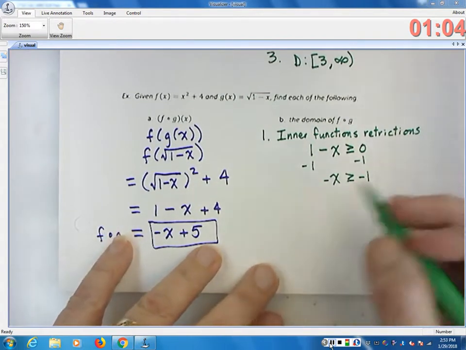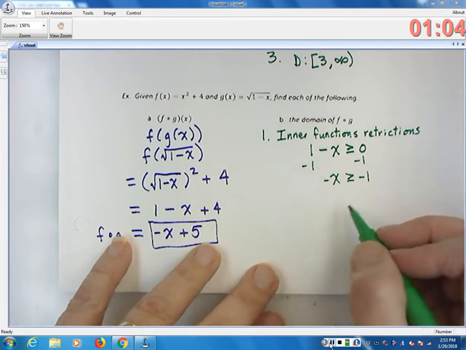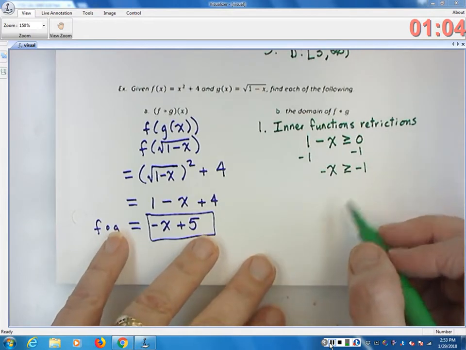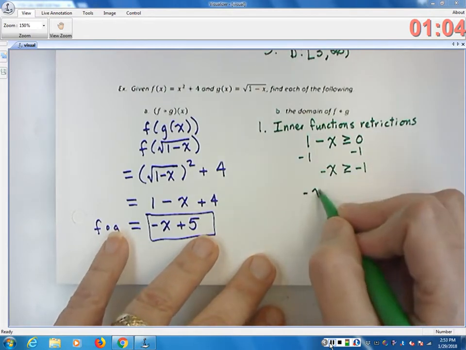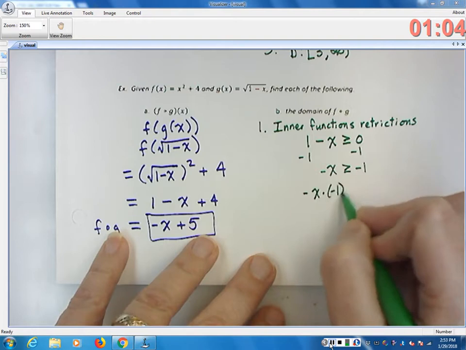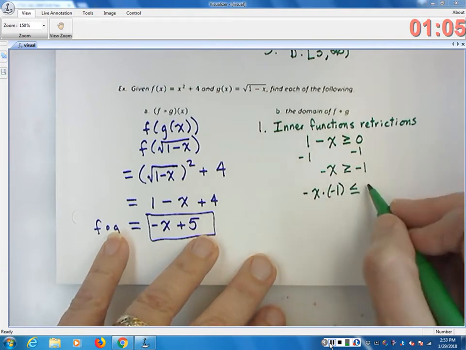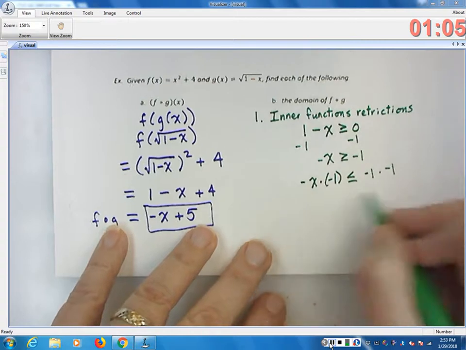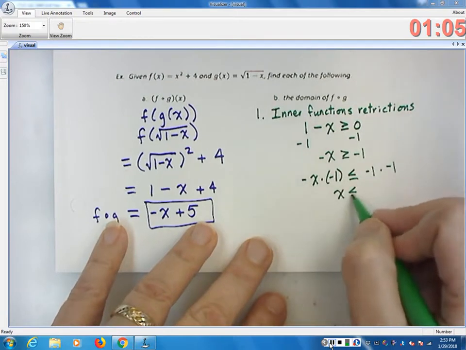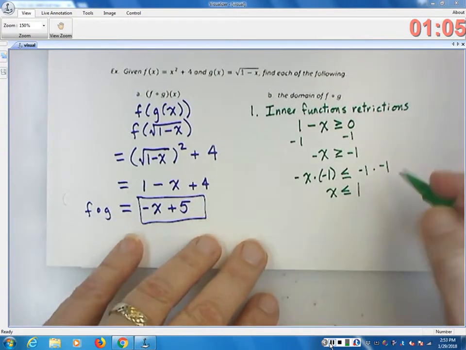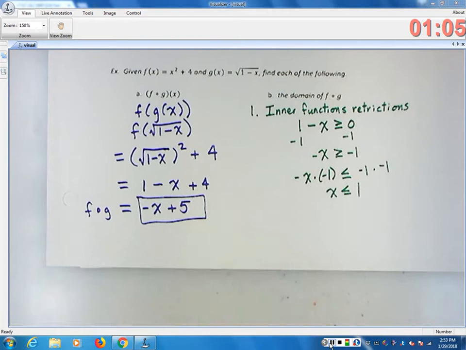When you divide or multiply by a negative, you have to switch the sign. So negative x divided by negative 1 is less than or equal to negative 1 divided by negative 1, which is x less than or equal to 1. This is the only time you switch an inequality, when you divide or multiply by a negative number.